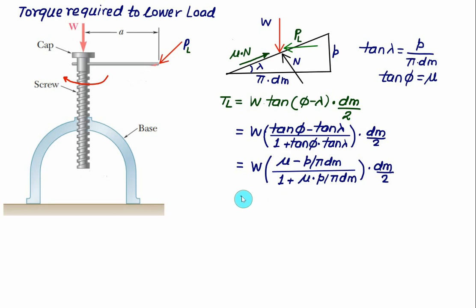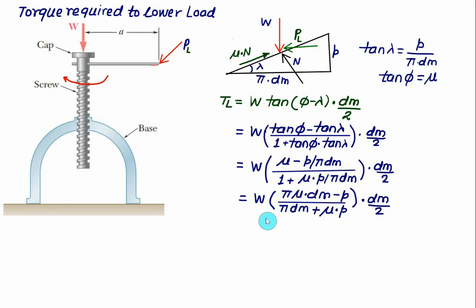Pi dm in numerator and denominator will get cancelled, so we have W into pi into mu into dm minus the pitch P, and again divided by pi into dm plus we have mu into P, that is the coefficient of friction multiplied by pitch, and again multiplied by dm divided by 2.